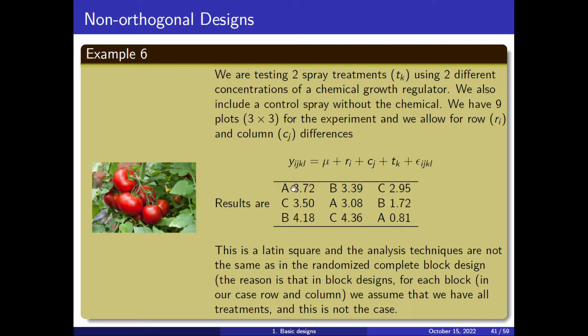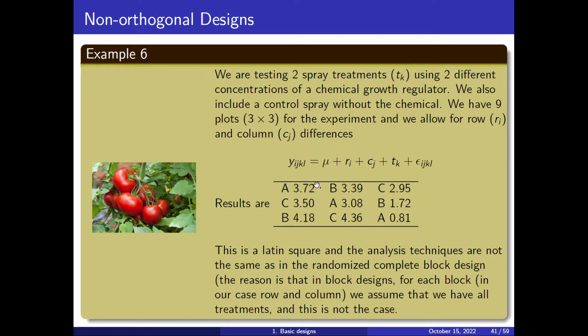So rows and columns are the different regions of the land, and then the treatment is at this ABC, that A and B are the two different sprays, and then C is the control, and then these numbers here are the average of the size of the tomatoes in whatever units and however you measure them for that sub-region.